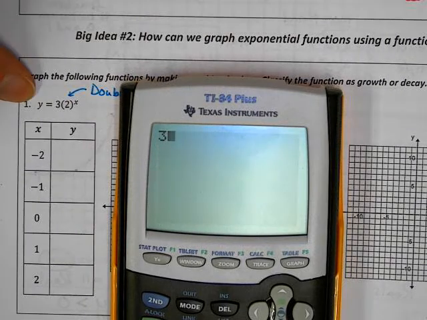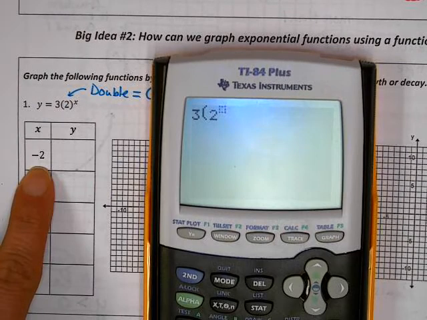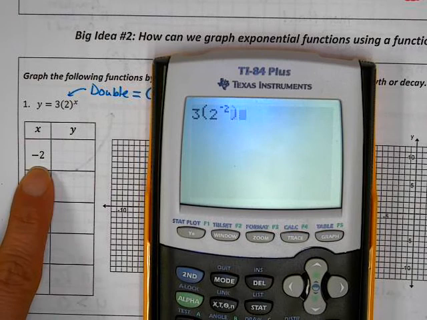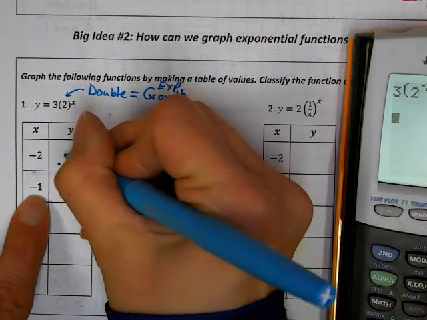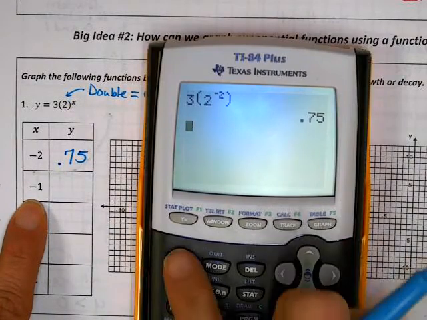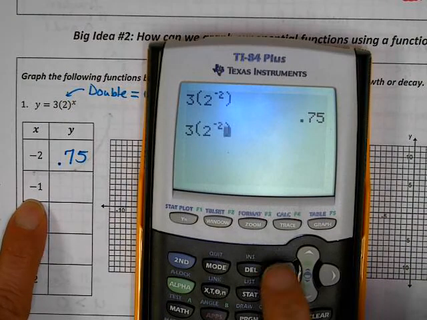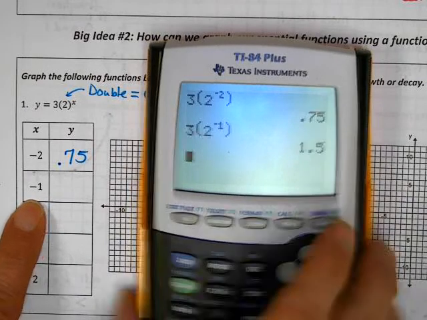Let's go 3 times 2 to the power of, the first number I'm going to plug in is -2. And I get 0.75. The fastest way to type this is to hit second enter, go back here and change -2 to -1. That's 1.5.